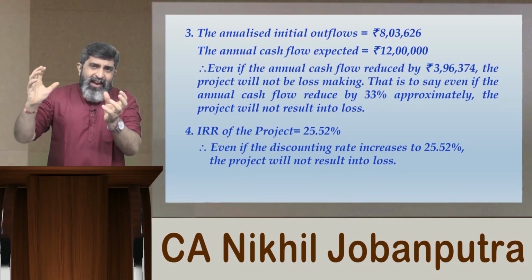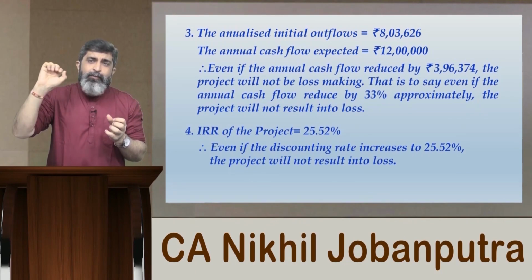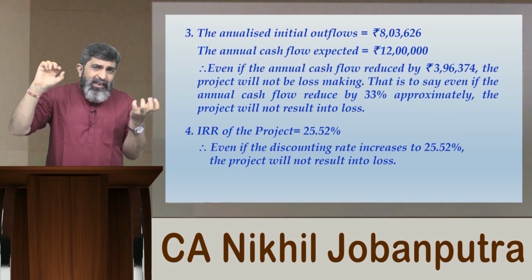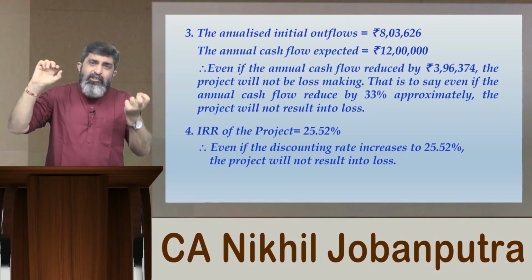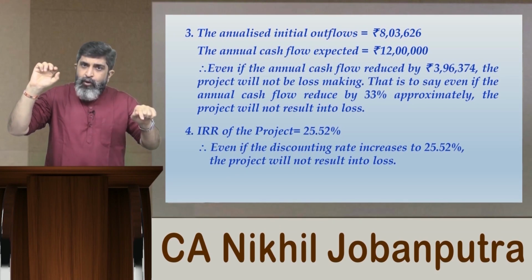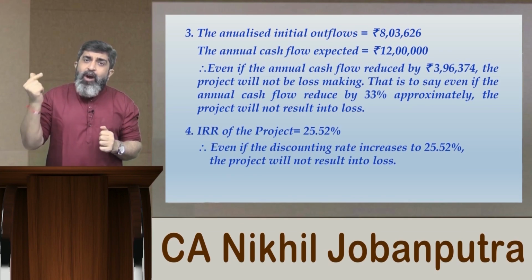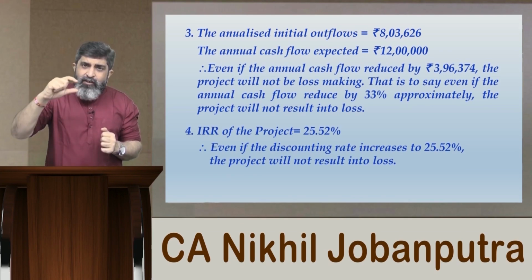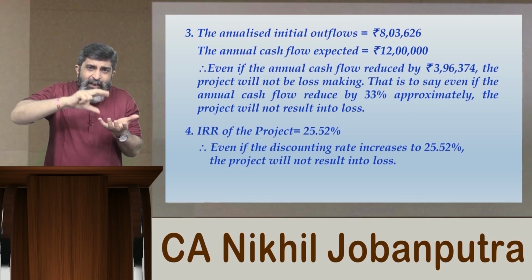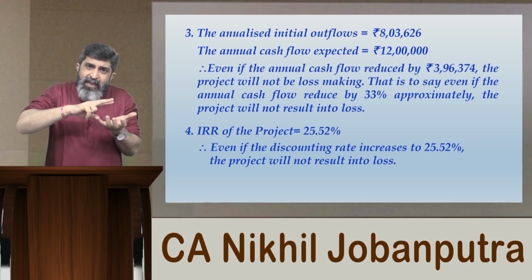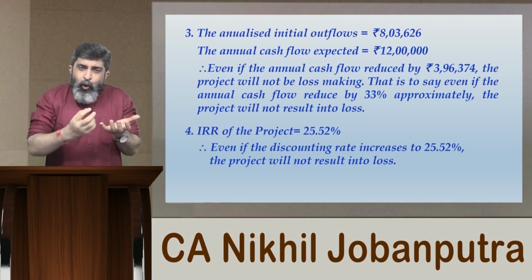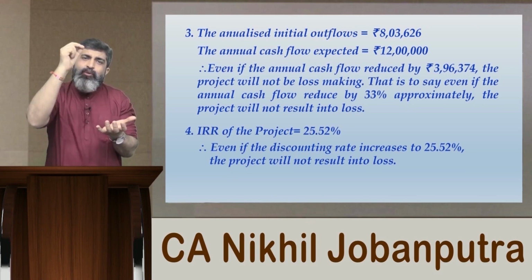To analyze its sensitivity, what did we do? The initial investment we are making, which is the total PV of outflow, we are dividing that total PV of outflow by the annuity factor to arrive at annualized outflow. That annualized outflow will be taken care of if your inflow is at least equal to that amount.